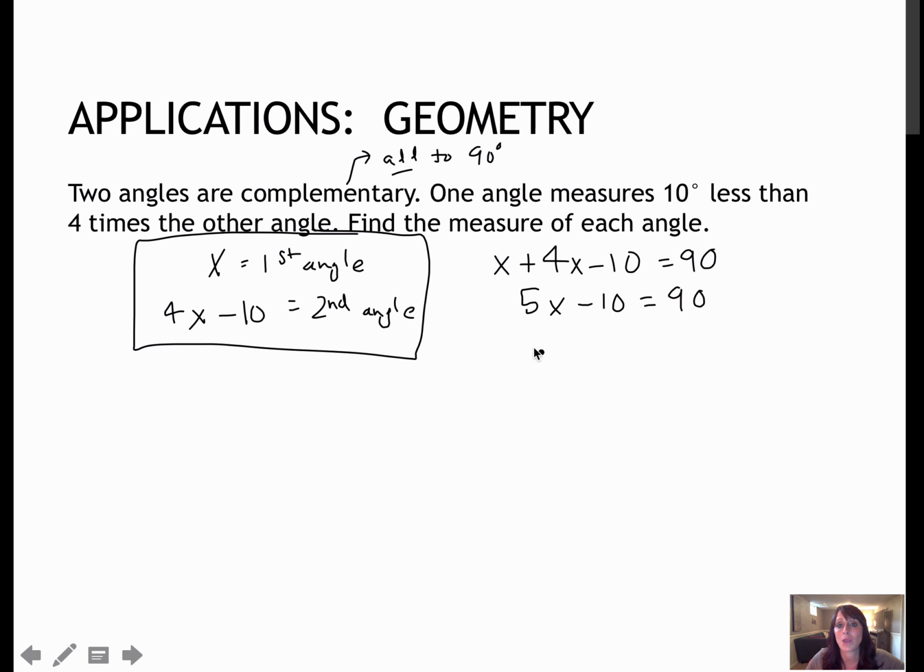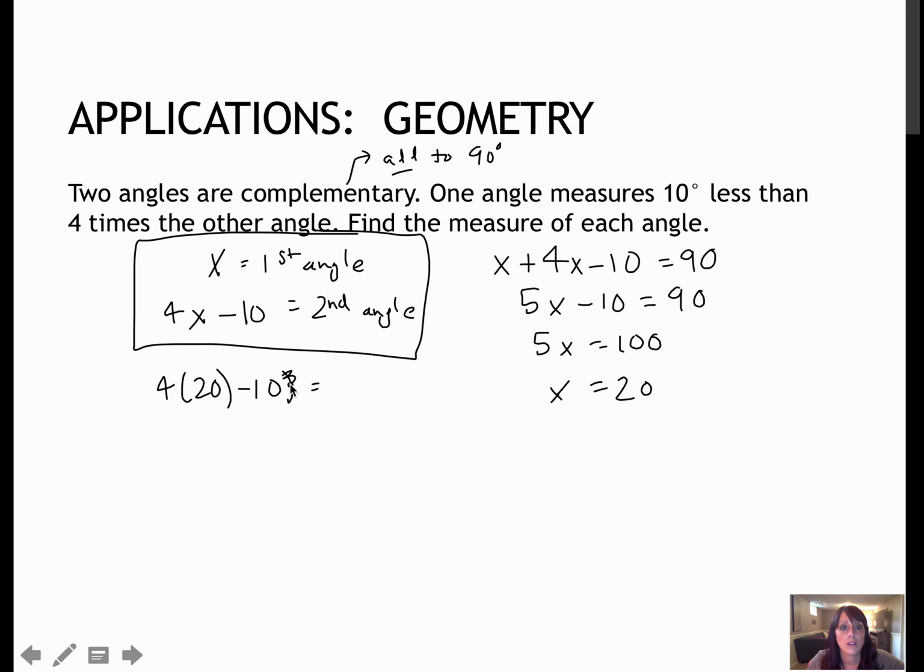So I can solve this without doing any guess and check, and find that x is 20. The question says find the measure of each angle. So I could say, because I know they add to 90, that one angle is 20 degrees and the other angle is obviously 70, but because I'm a math teacher and I like to double check my math, I'm going to go ahead and take that 20 and plug it back in and make sure that it does actually work out to 70.